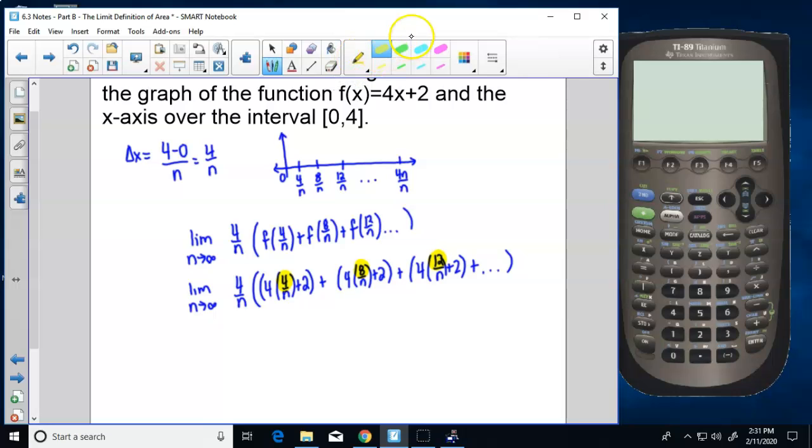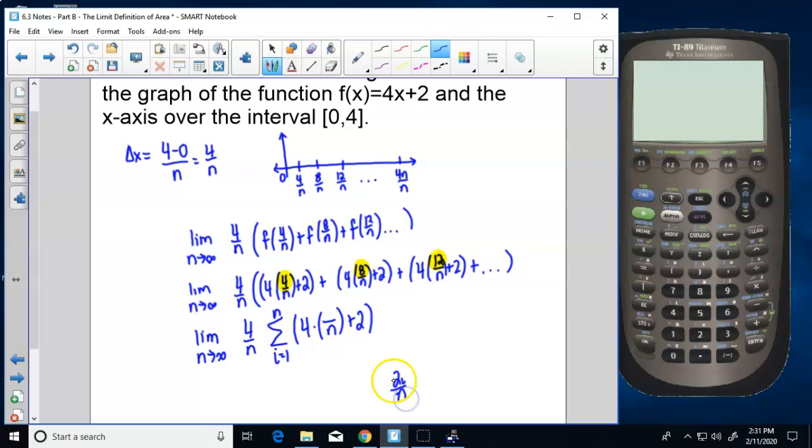So if we're writing this as a sum, we've got the limit as n approaches infinity of 4 over n, and then we're going to write the sum from 1 to n of 4 times something over n plus 2. And what is that something that we're going to put over n?